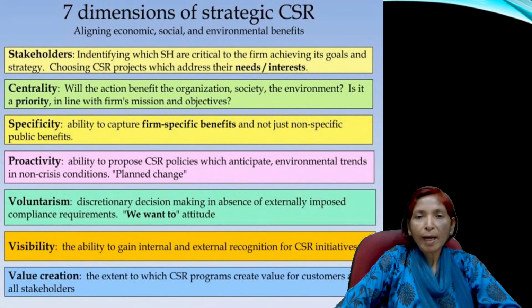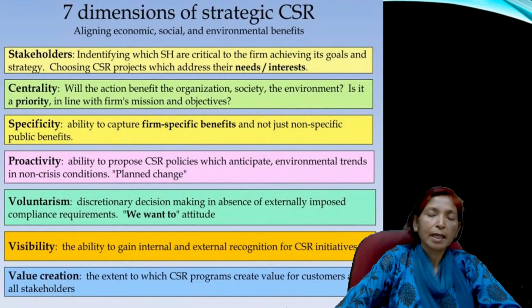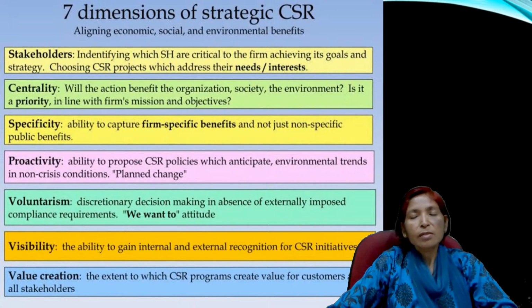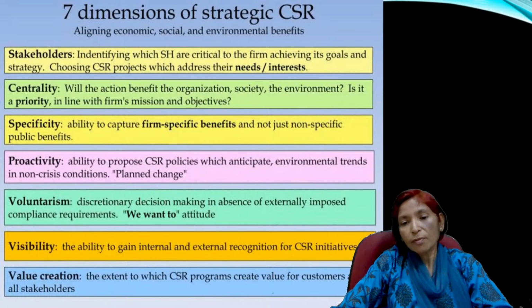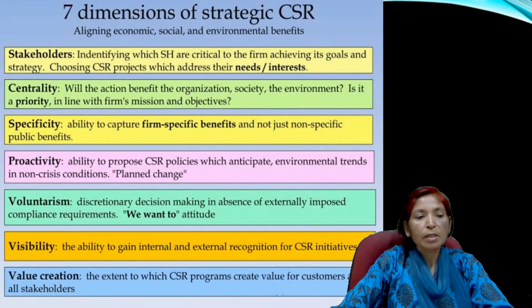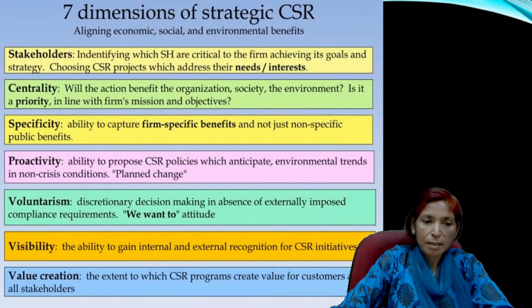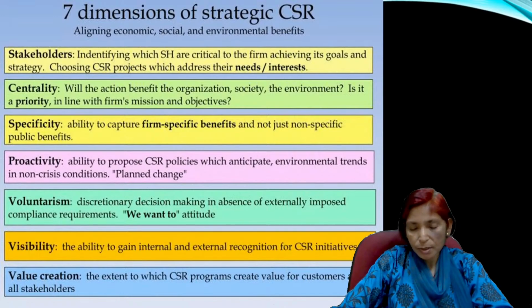Next is proactivity. Proactivity is the ability to propose CSR policies which anticipate environmental trends in non-crisis conditions or planned change. Next is voluntarism. Voluntarism is discretionary decision making in the absence of externally imposed compliance requirements.